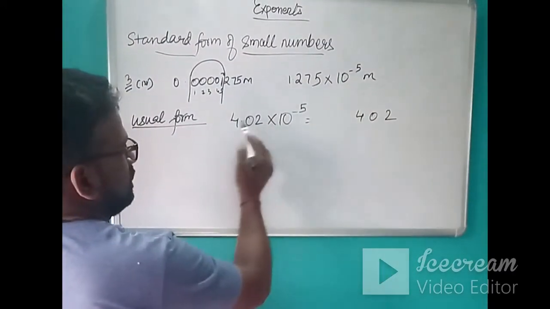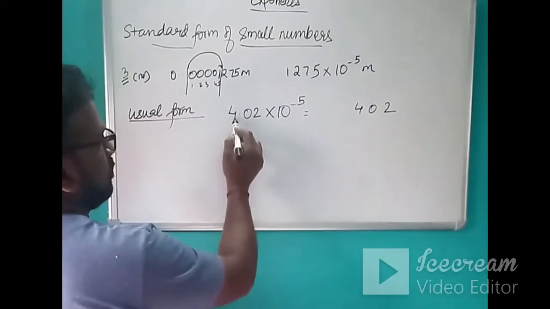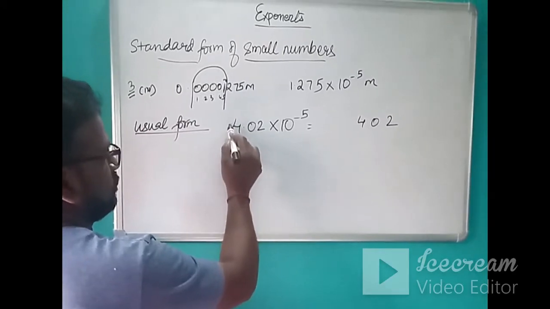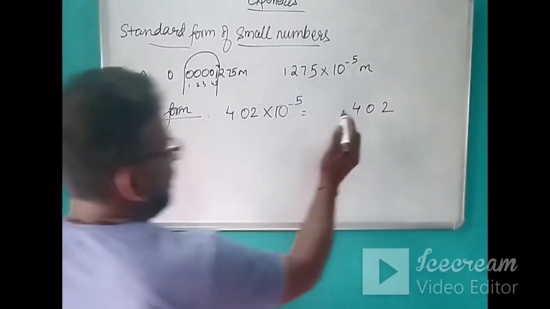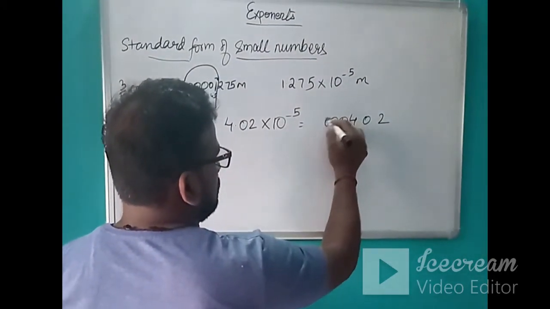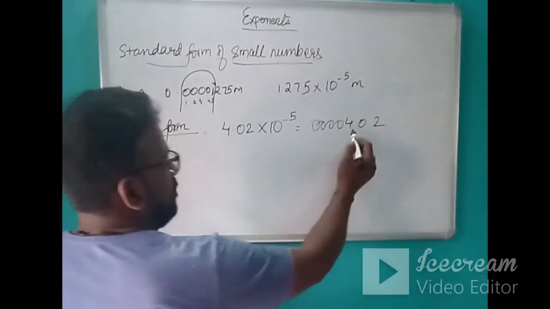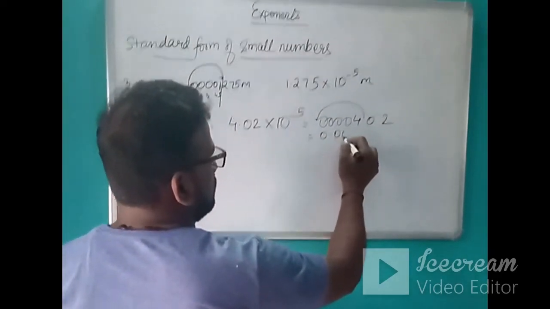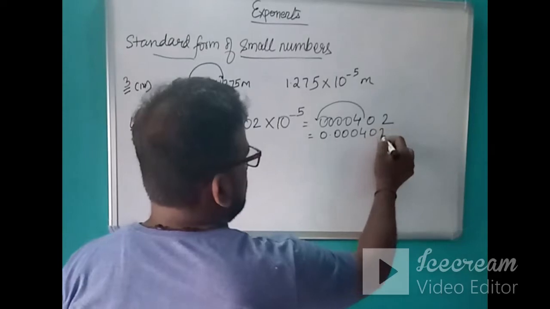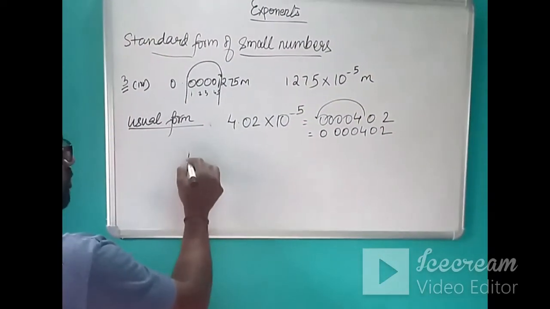Then 5 is there, so you shift this decimal by 5 places. So 1, 2, 3, 4, 5. Okay, I will write 1, 2, 3, 4. So now 5 places are there, so this decimal will shift here. So you will get 0.000402.